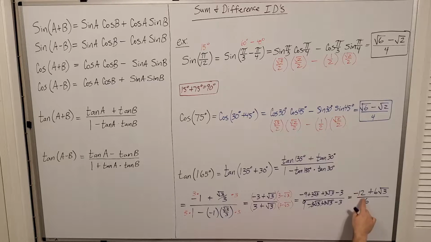And since I can divide 6 evenly into both of those, I'm going to go ahead and do that. That's going to give me negative 2 plus the square root of 3. Okay? So, the tangent of 165 degrees is equal to negative 2 plus the square root of 3.